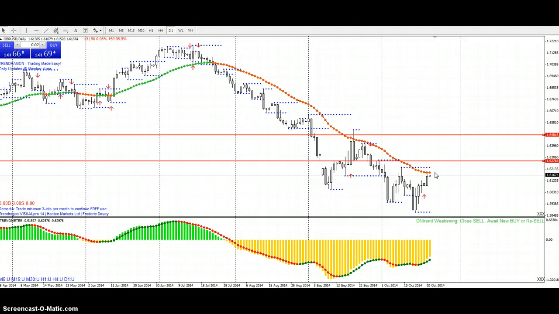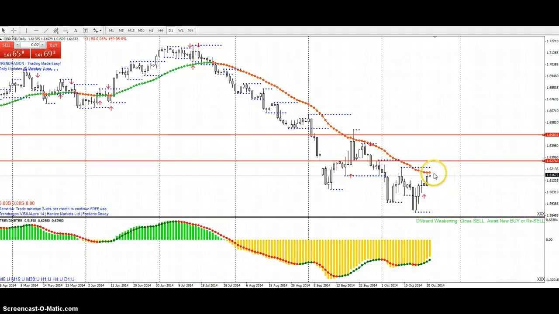So we can expect the currency to hit those and maybe go into a range, or be very volatile within that area here, before it decides what it wants to do.